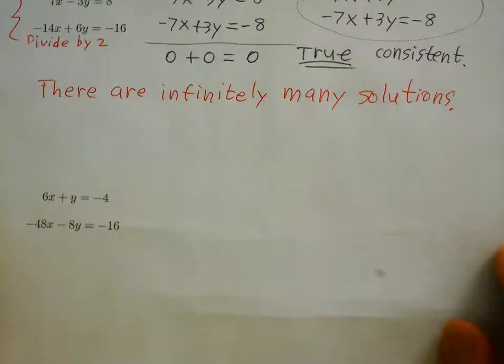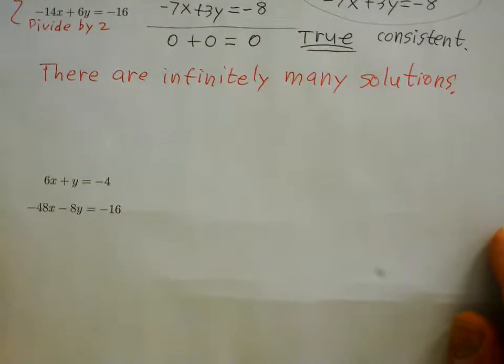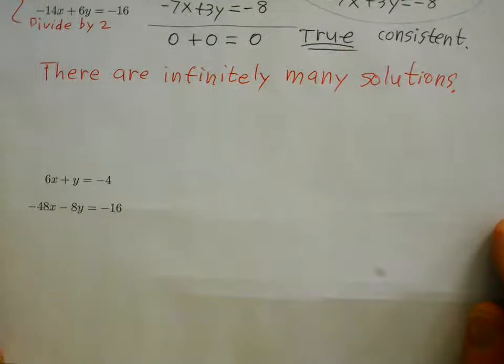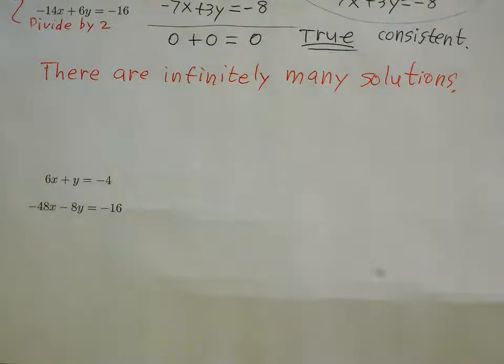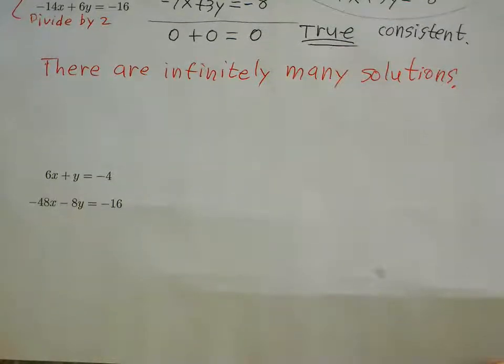Okay, let's look at the next system. This time we have 6x plus y equals negative 4, and the bottom equation, negative 48x minus 8y equals negative 16. So let's use the addition method again. Let's see if we can eliminate the variable y.